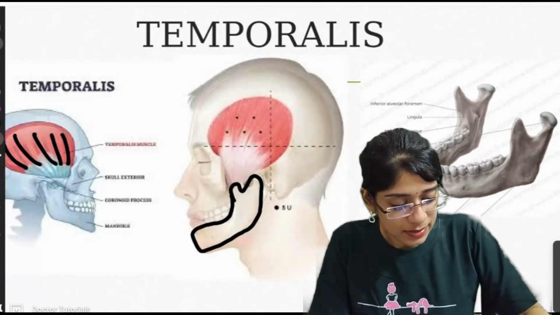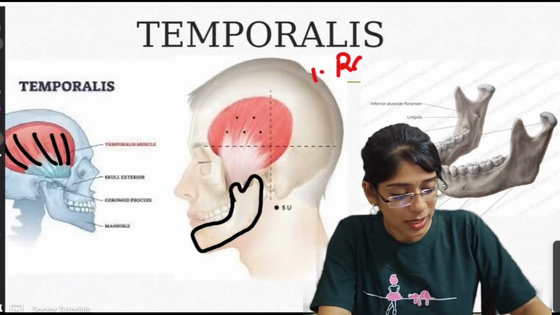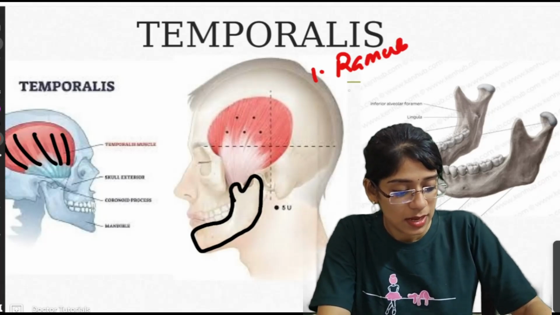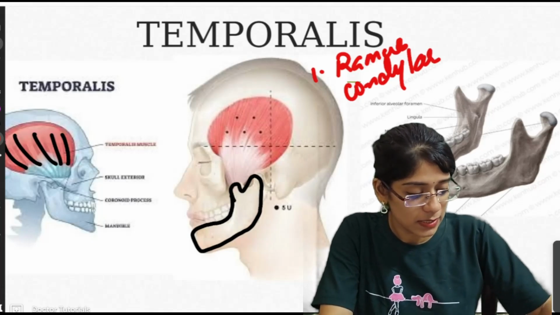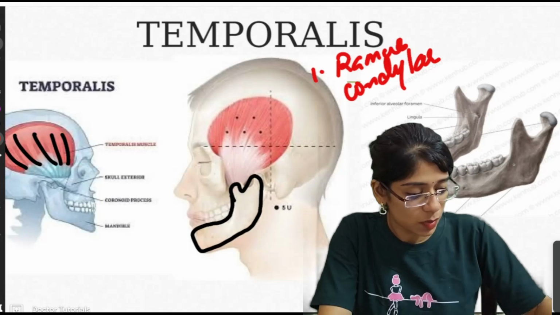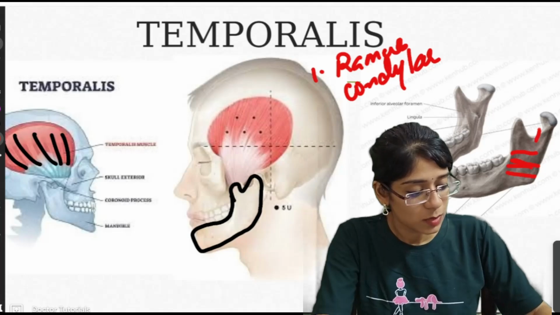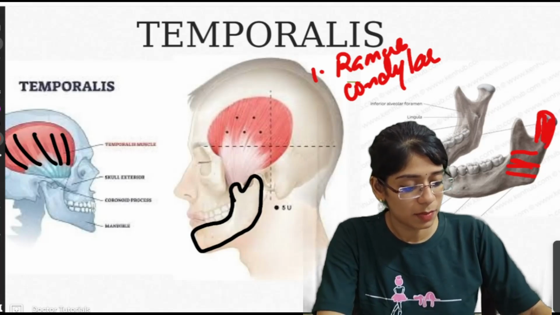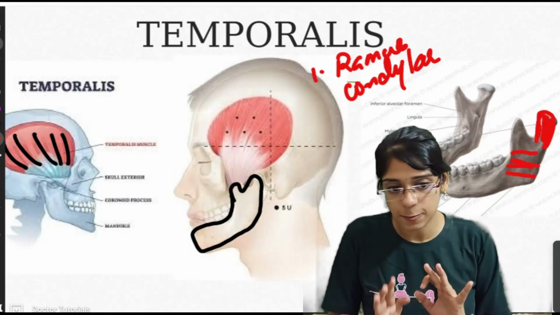It is inserted to the ramus and condylar process of the mandible, right? This part is a ramus and this part is a condylar process. To these parts of the mandible, this muscle gets inserted.